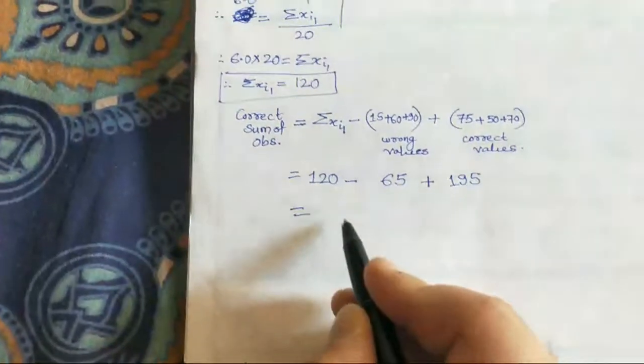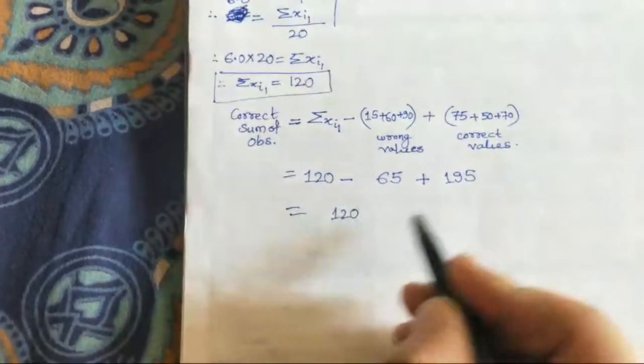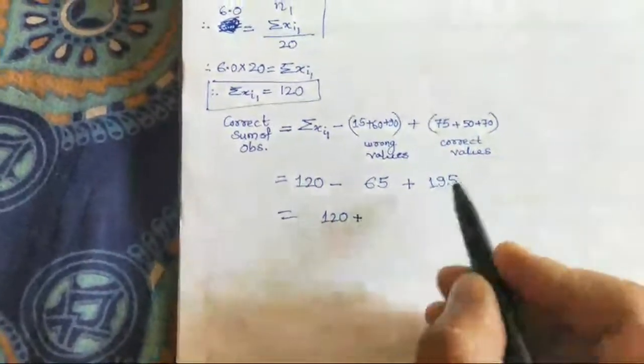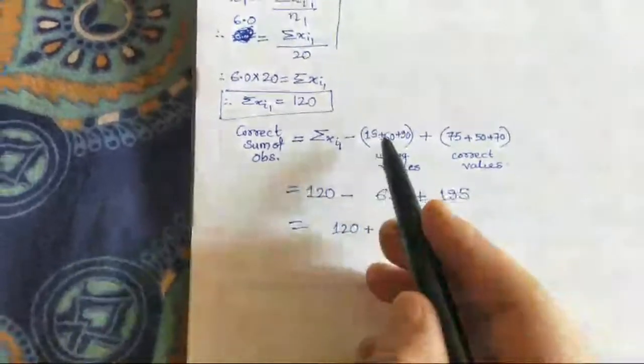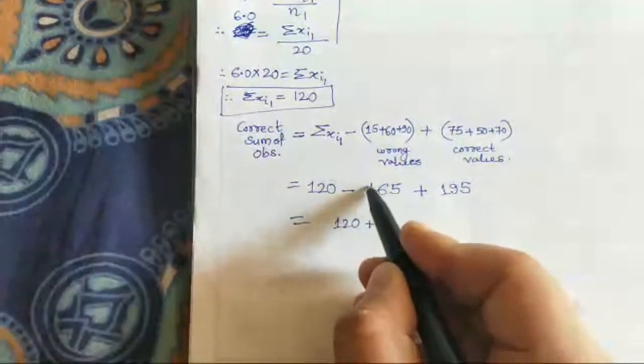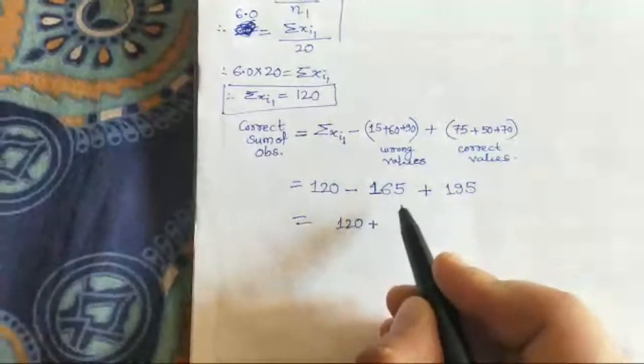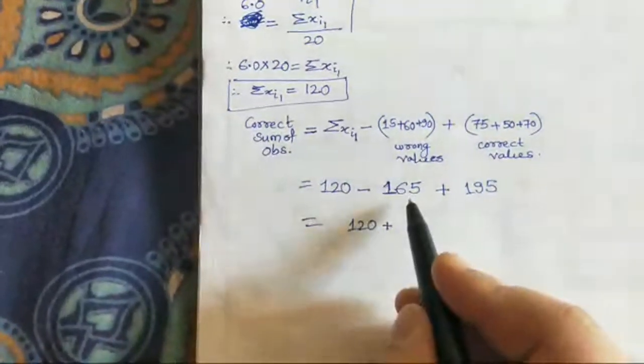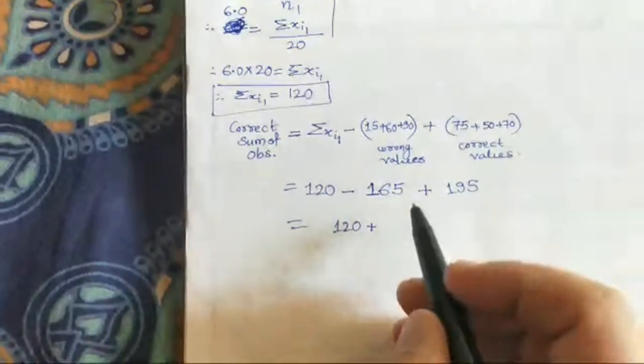So 120 minus 165 plus 195. It is 165, not 65.